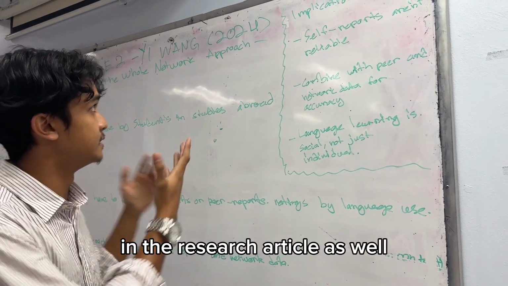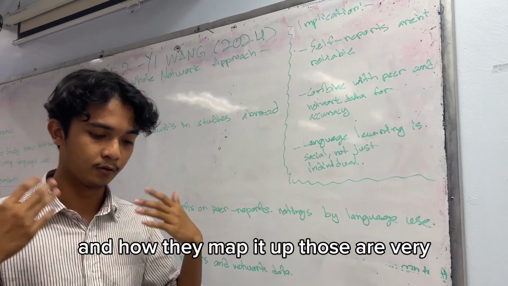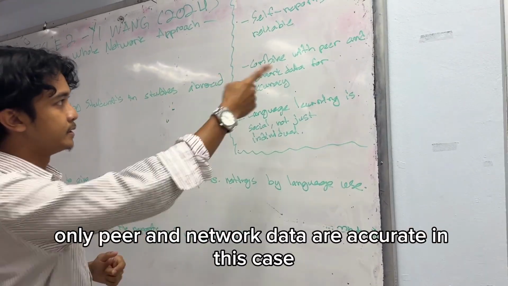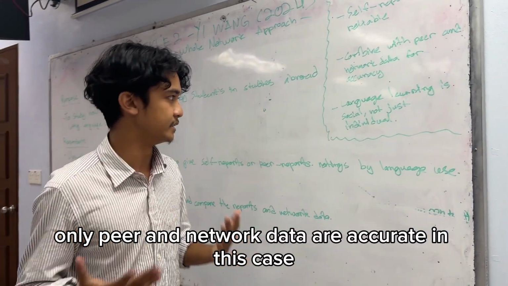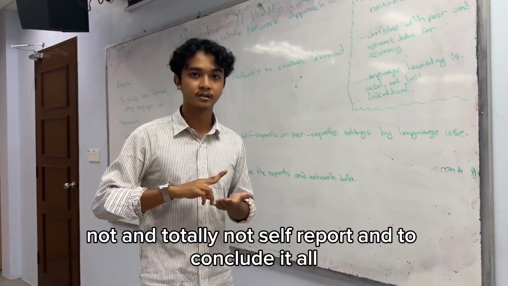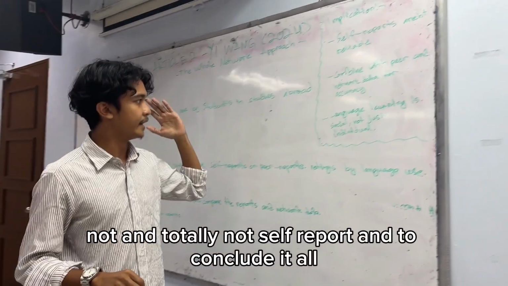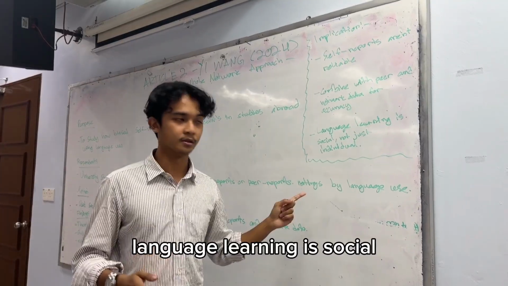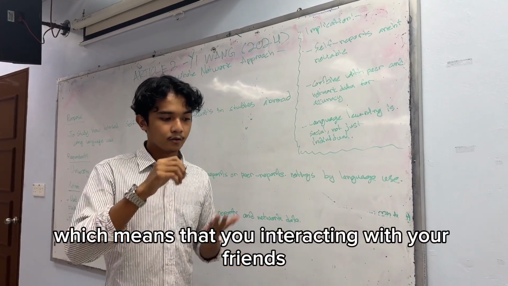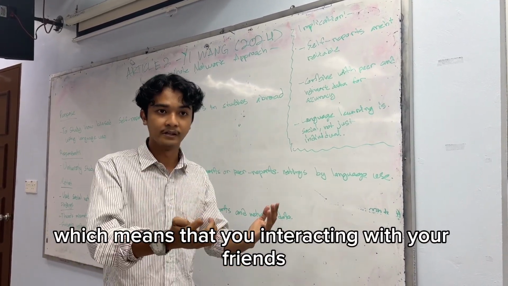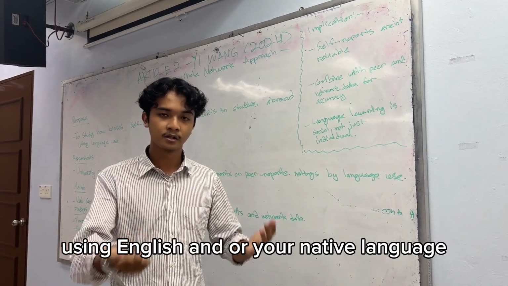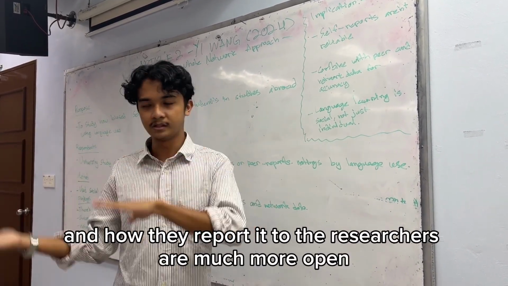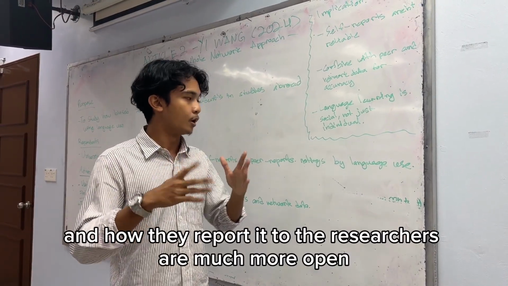Only peer and network data are accurate in this case, and totally not self-reports. To conclude it all, language learning is social, which means that you are interacting with your friends using English and or your native language, and how they report it to the researchers is much more open.